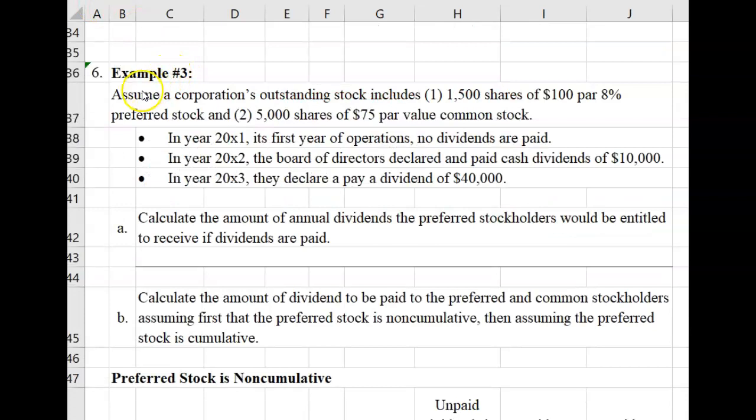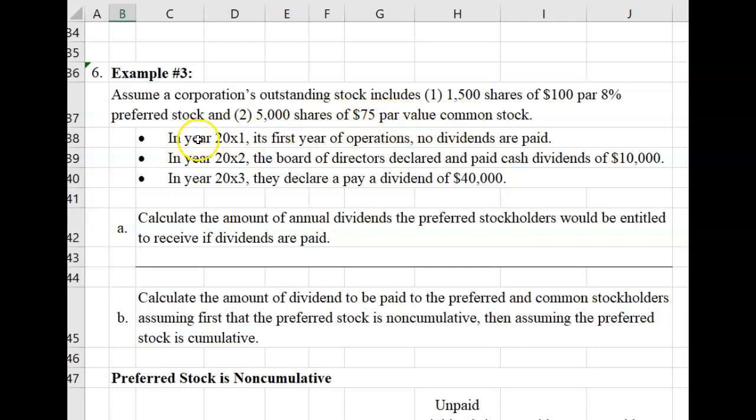Example: assume a corporation's outstanding stock includes 1,500 shares of 8% $100 par value preferred stock and 5,000 shares of $75 par value common stock.